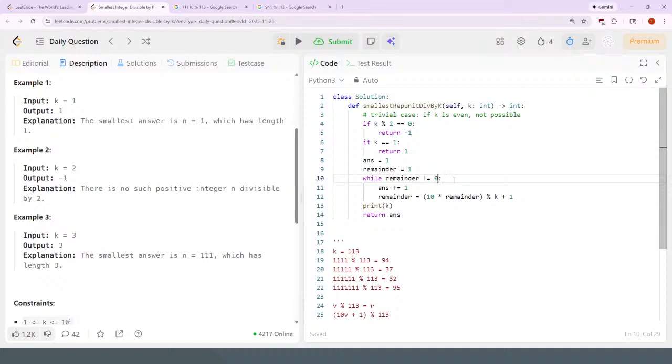Then your remainder is going to be 10 times 1 plus 1. 1 times 10 is 10, 10 mod 3 is 1, 1 plus 1 is 2. Let's go ahead and just print out what these values are.